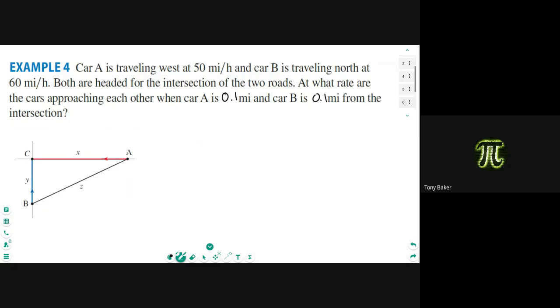So I think they made that X, so dx dt is 50 miles per hour. And then dy dt is 60 miles per hour. We know x is 0.1. We know y is 0.1.